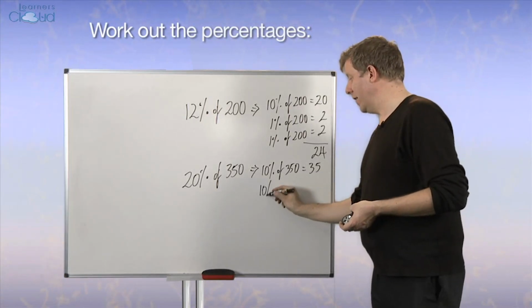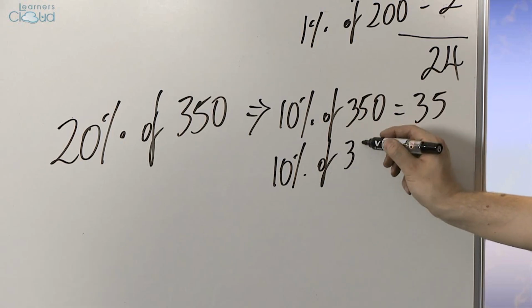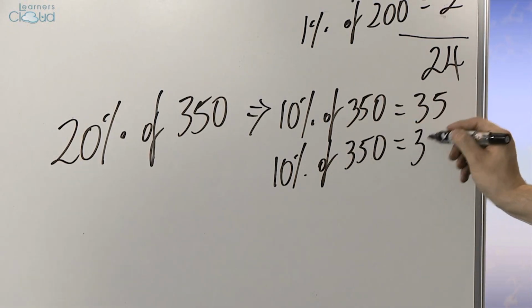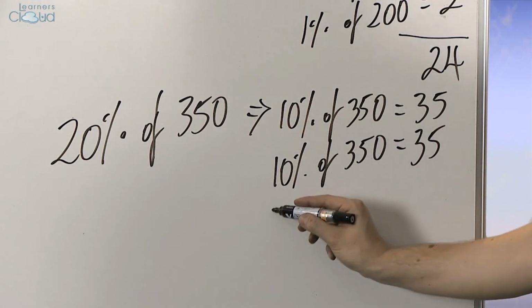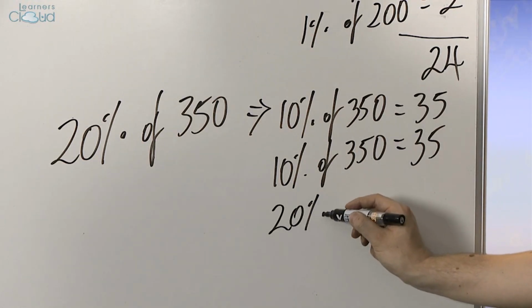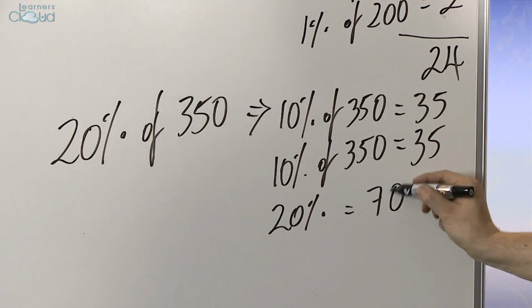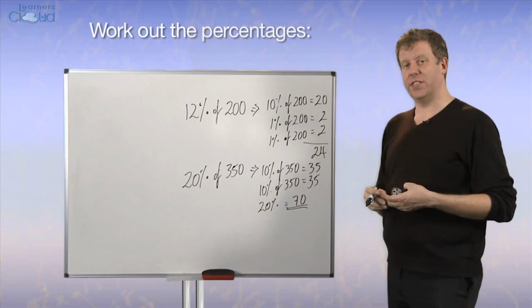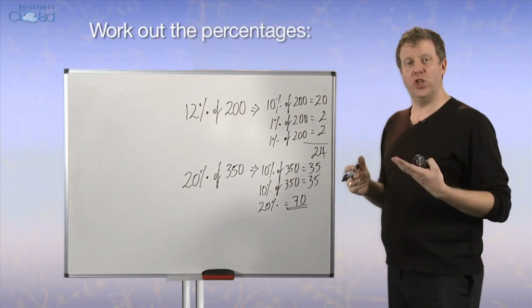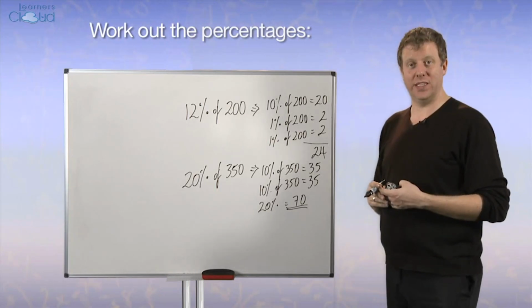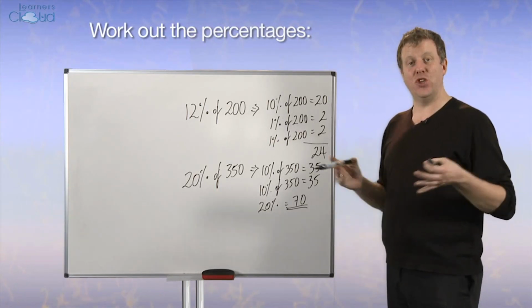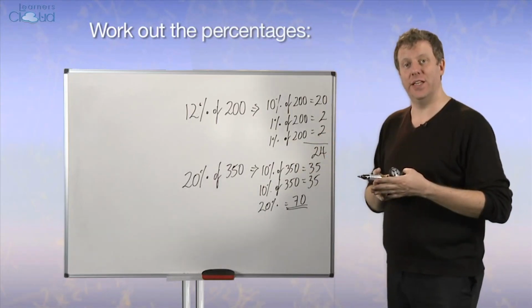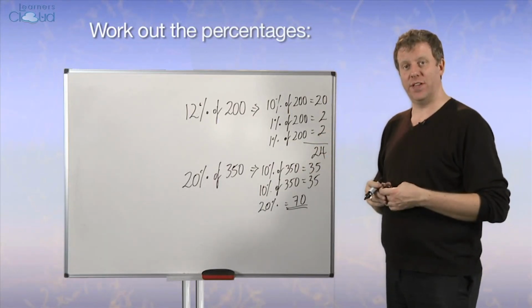If I work out another 10%, i.e. another 35, the two together would add together to give me 20%. So 20% therefore is going to be equal to 70. So once you can work out 10% of a number easily, all the other percentages become that bit easier to work out. And you can literally build your percentage by working out a variety of different ones.